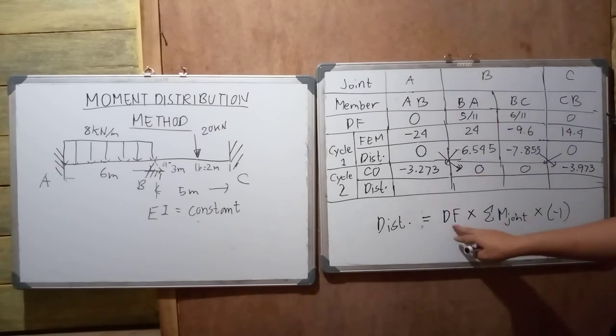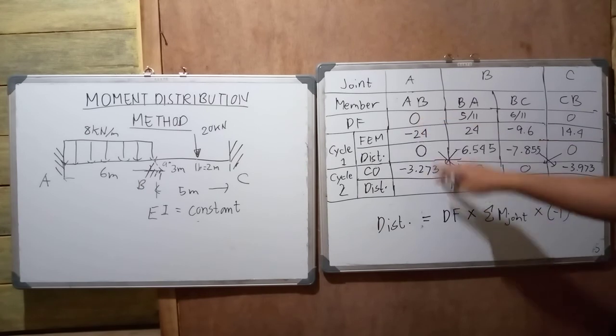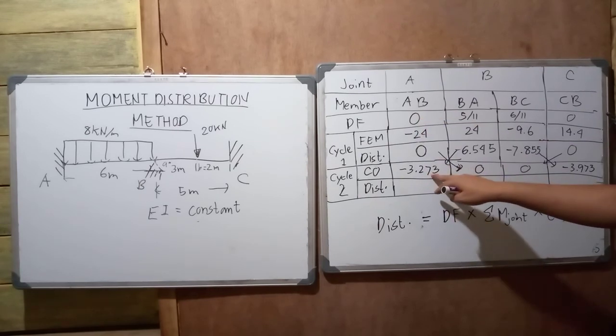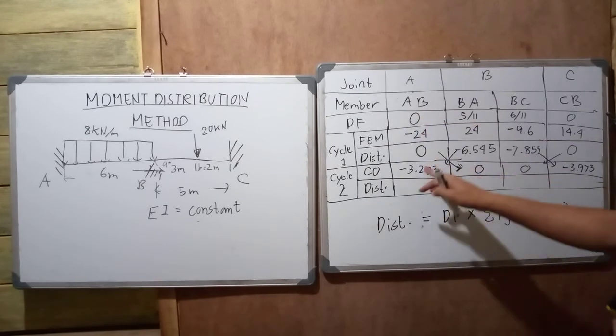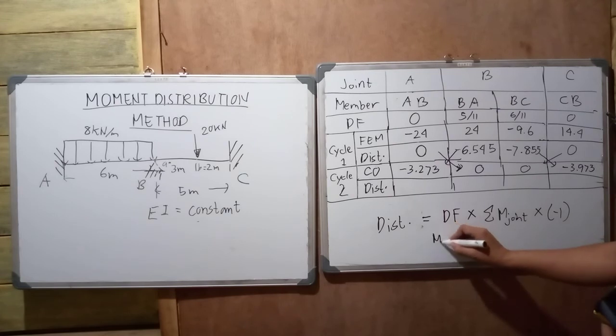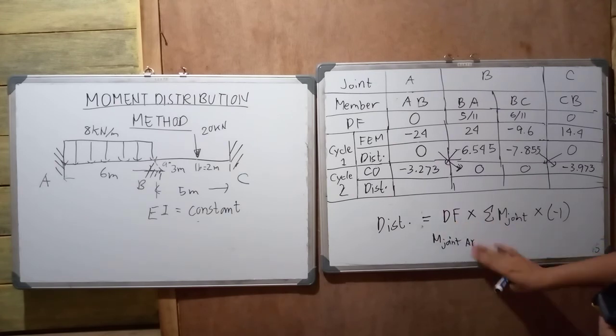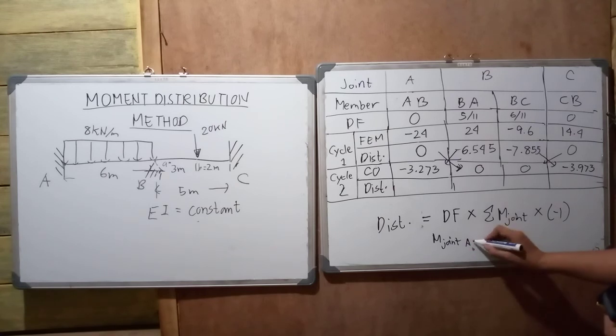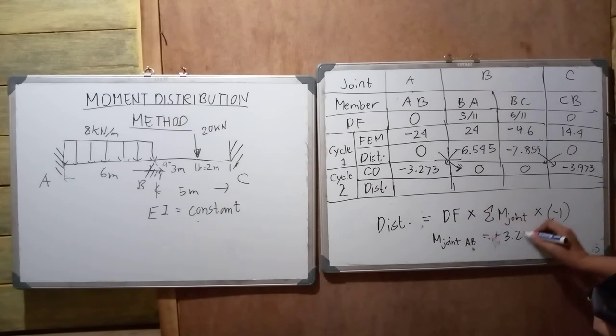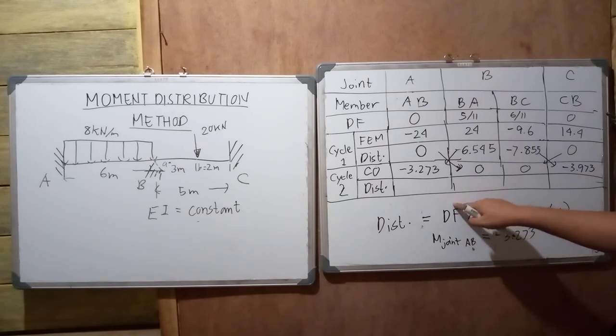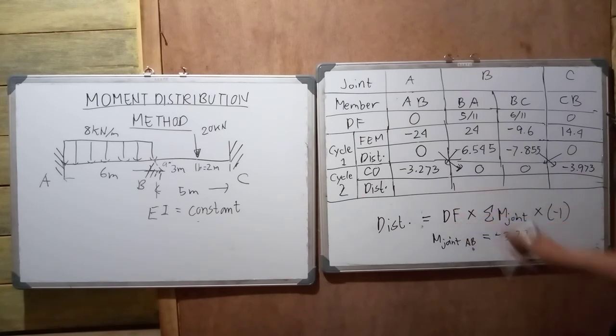So, distribution factor natin dito is 0. I-multiply mo kay negative 3.273 kasi yung M joint natin kay A. Pero i-multiply mo man sa kay 0. Okay? 0 to si DF mo times negative 1, so 0 to.